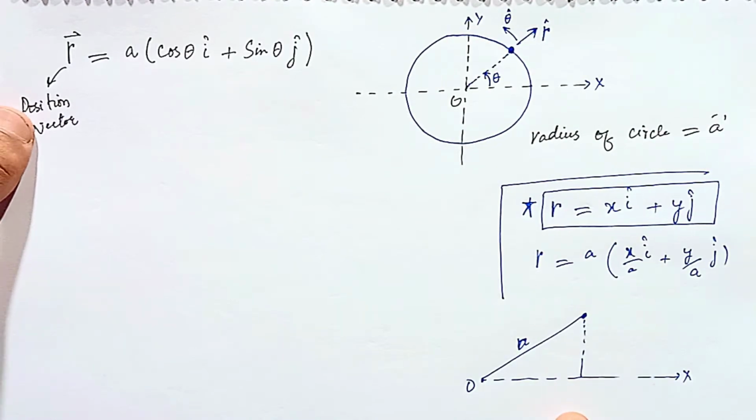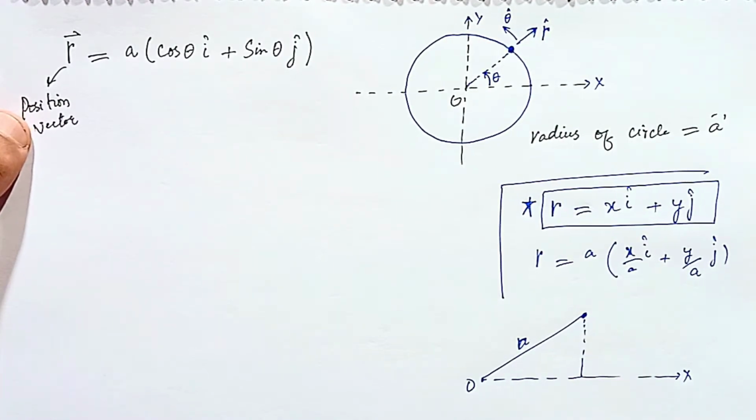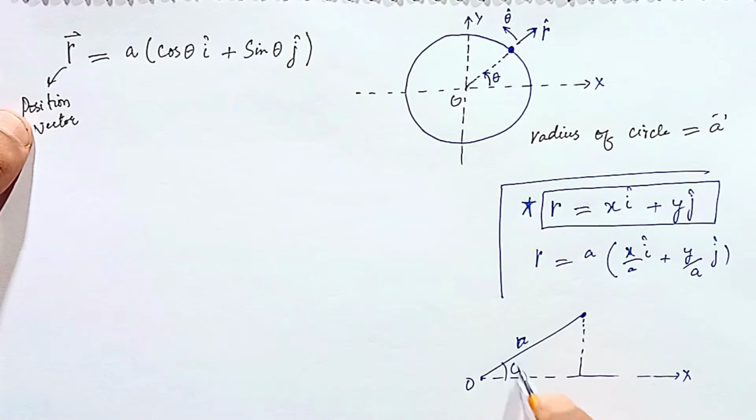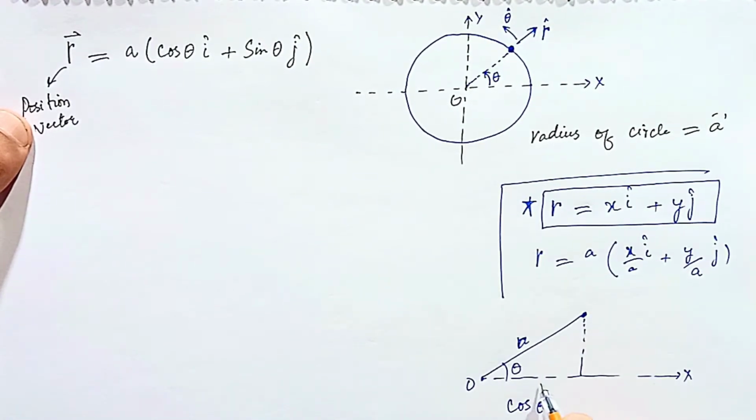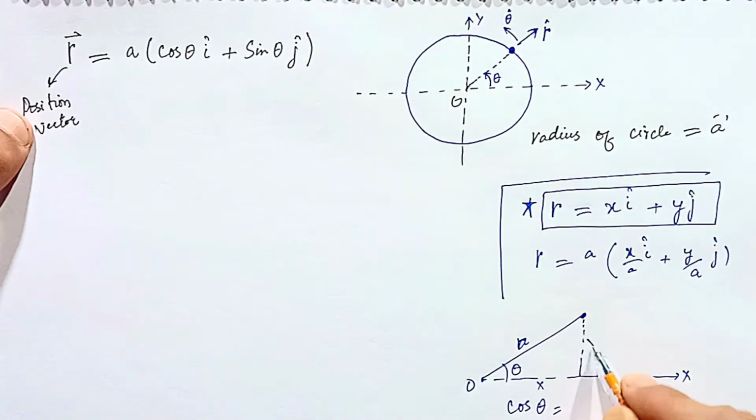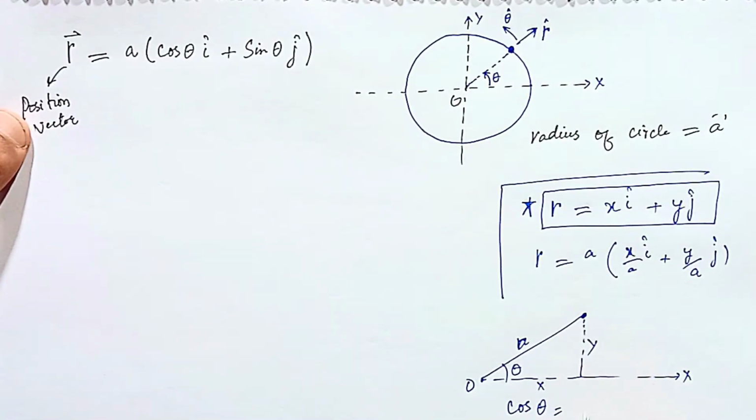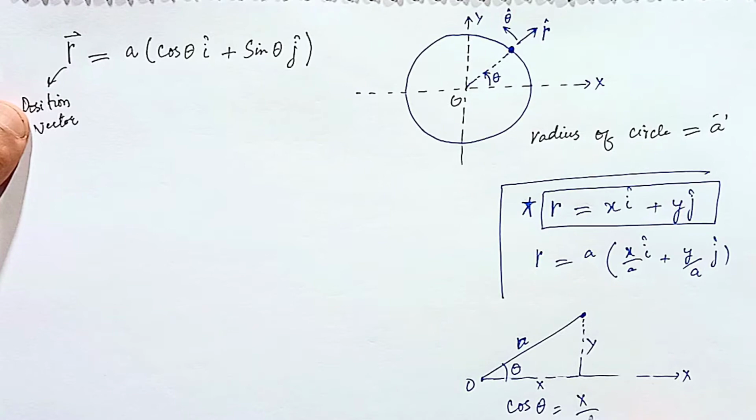From the Pythagorean theorem, we can deduce, this is the theta. So cosine of theta will be equal to base by hypotenuse, where this is x and this is y, that is x by a.